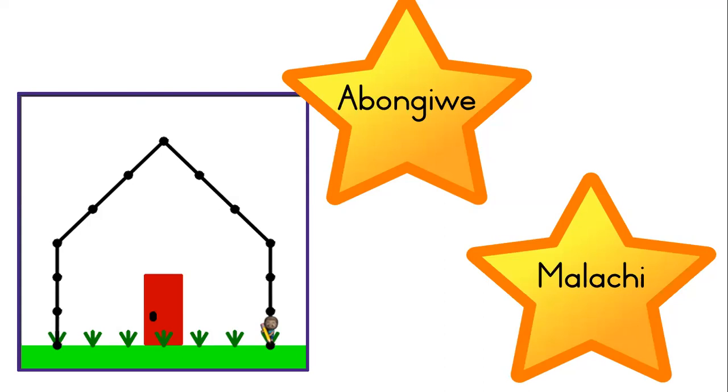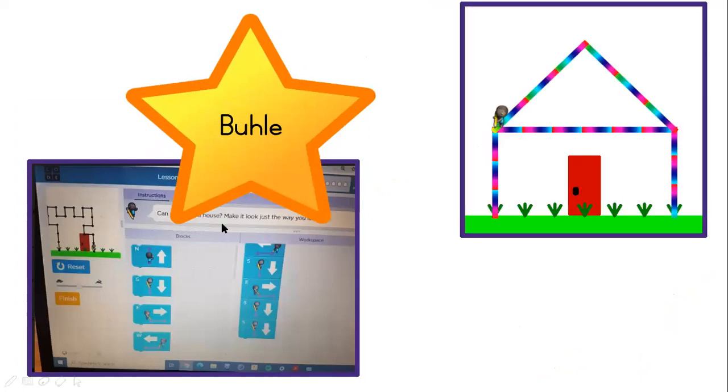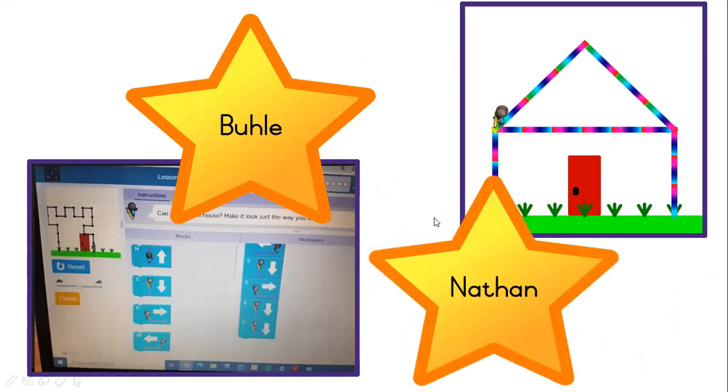Then also to Bushle, he made a very beautiful castle here. And then also this very bright and beautiful one was Nathan's one. So to the four of you for sending in your homework, very well done. I'm very proud of you, and I think all of it looks very special.